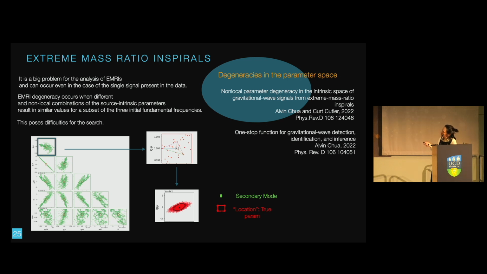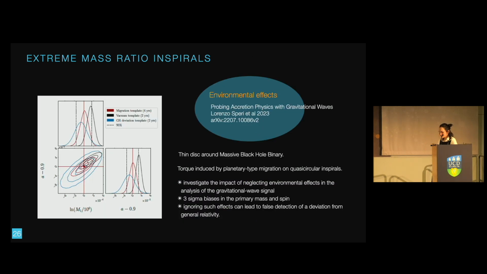On this plot, you can see the green dots. They're the secondary modes. So you end up here, and you have all the secondary modes, and you don't know how to select through them. And then the red square is somewhere where the true signal lies. And then you can zoom in, and zoom in, and so basically it is an extremely complicated problem.